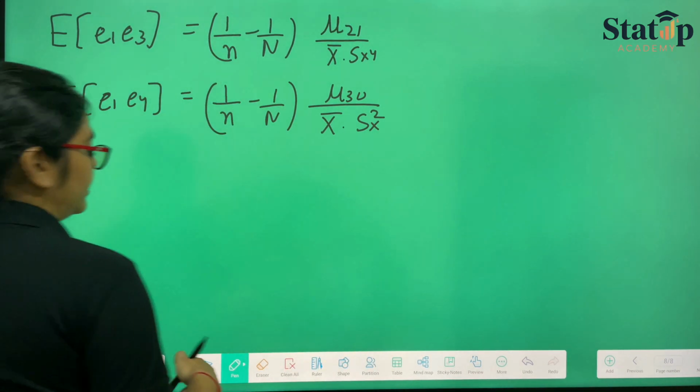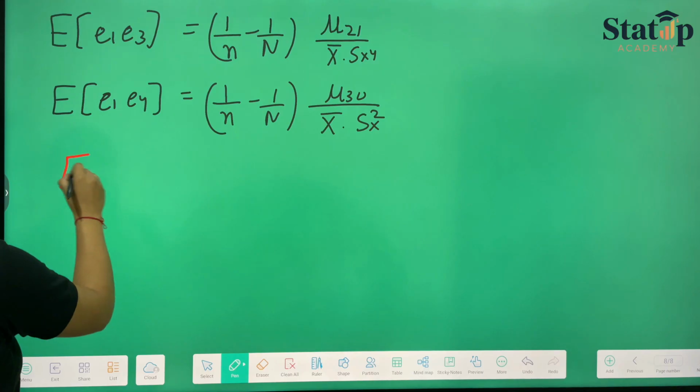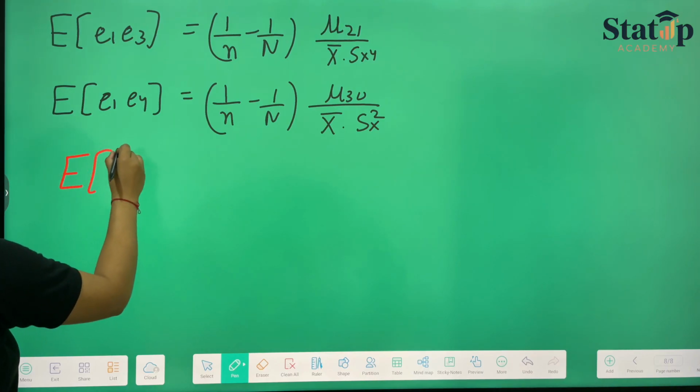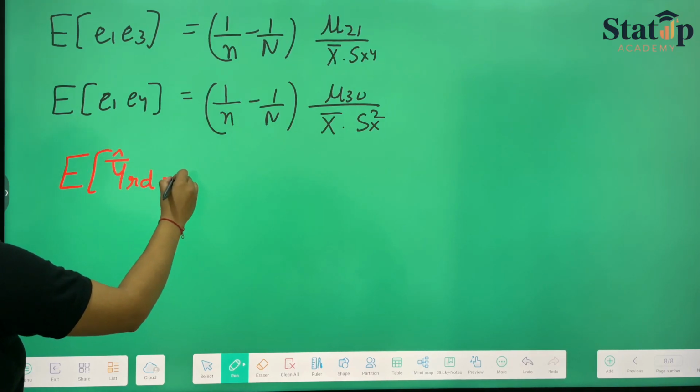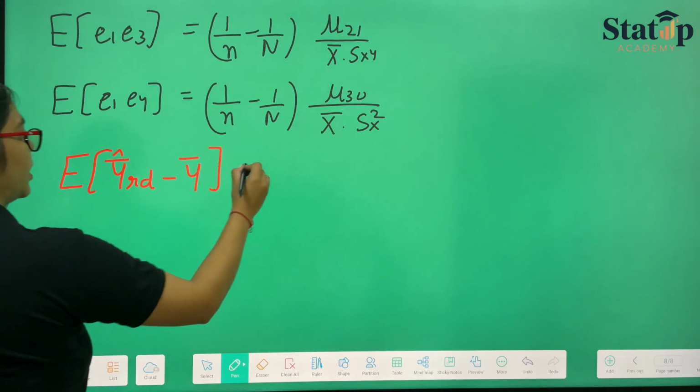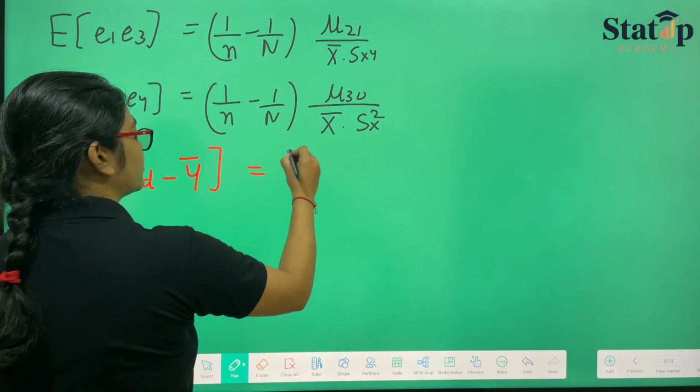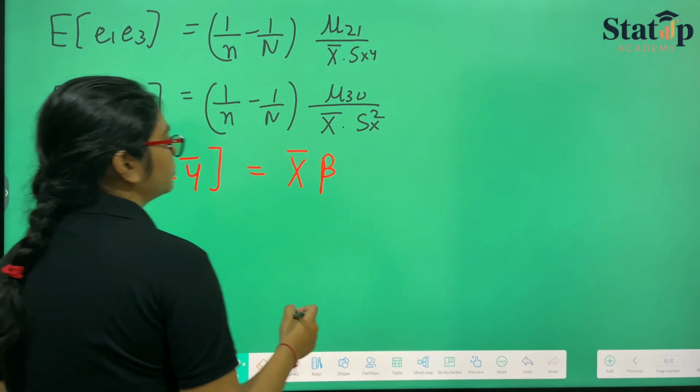Now we can take the expectation of the regression estimator in double sampling minus y bar, which equals x bar into beta.